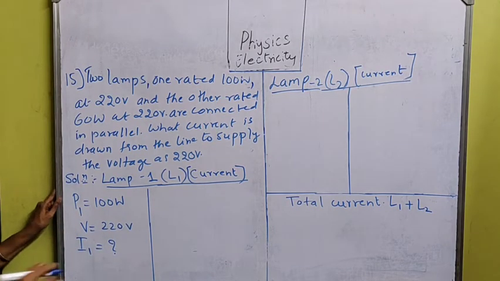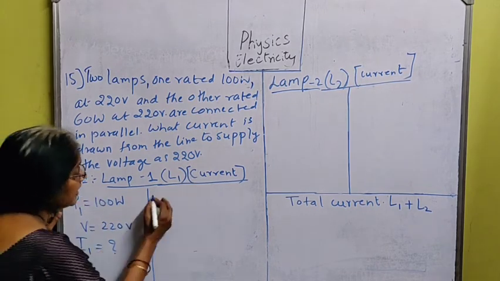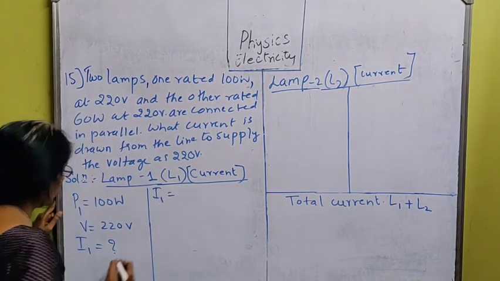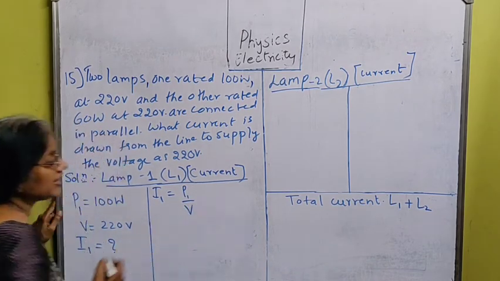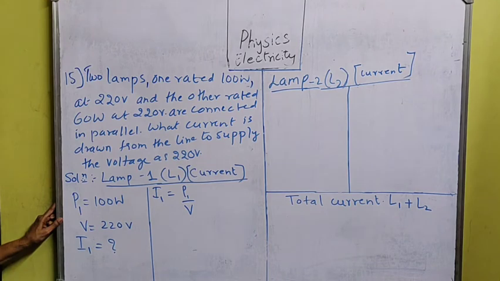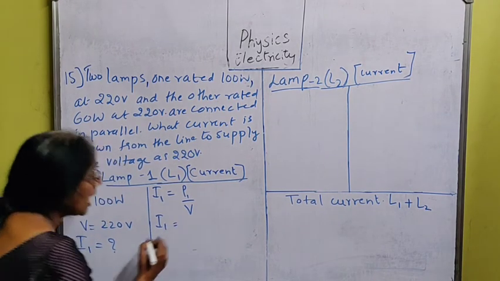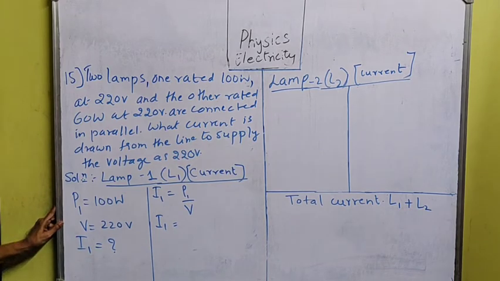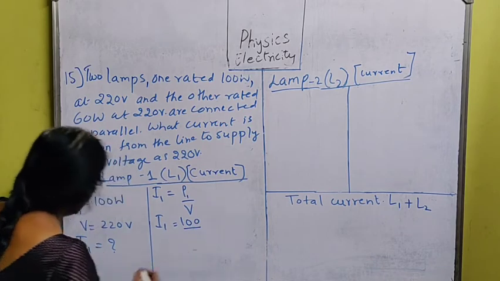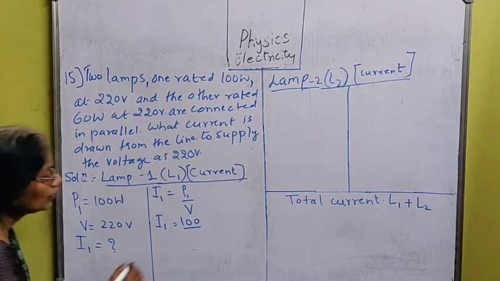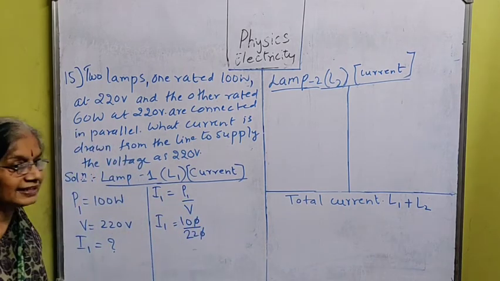The formula for P1, V and I1 says that current is equal to power divided by potential difference, that is P1 by V. So I1 is equal to 100 divided by 220. 0, 0 cancels.